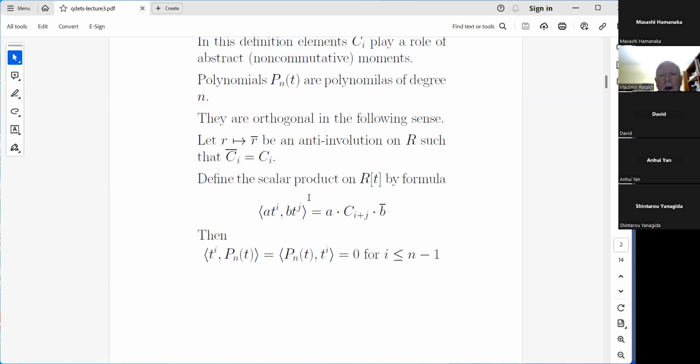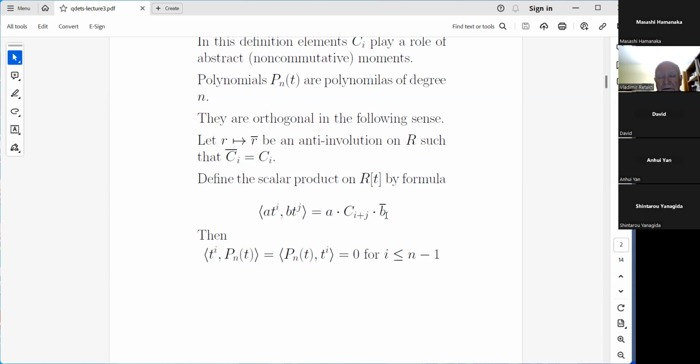If you have a t^i pairing with b t^j, then you put a, then this moment with the index i plus j, and then you multiply by b bar.